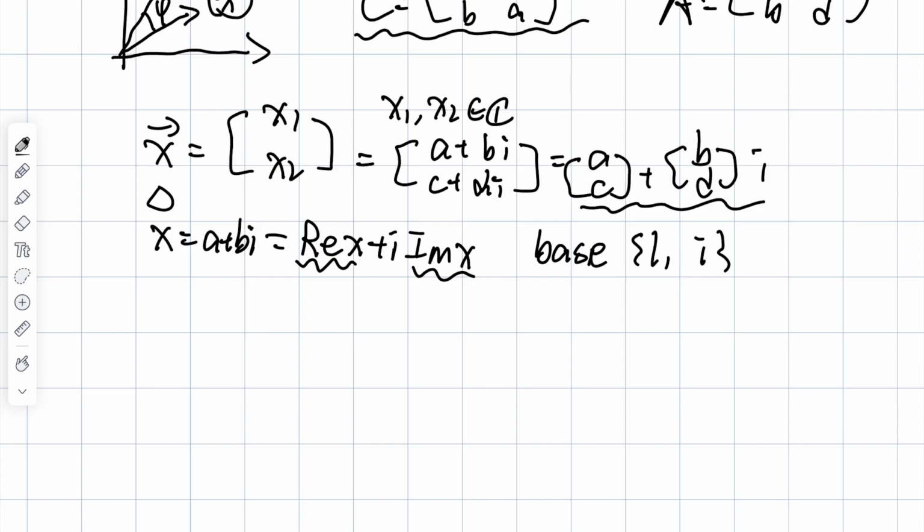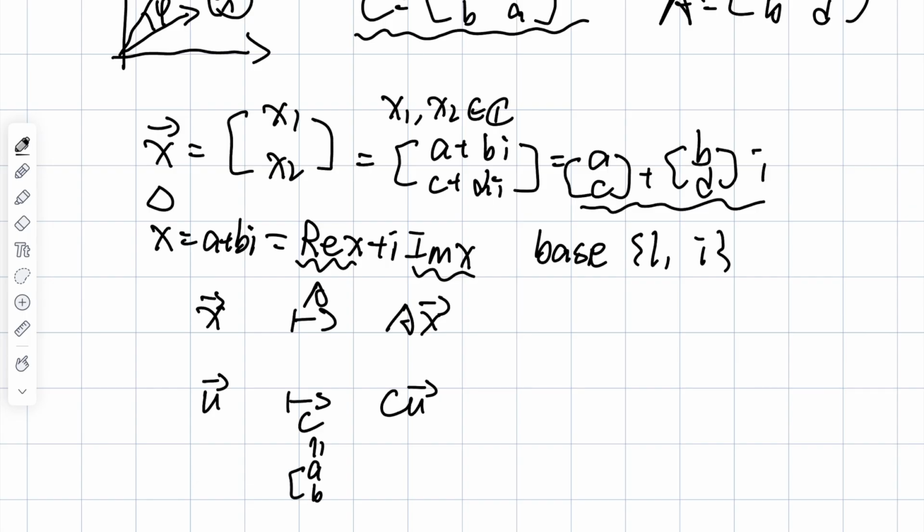That is to say, it is a change of basis problem. x to Ax, we times A, and we have u to Cu times C, where C equals some form in a, b, negative b, a.